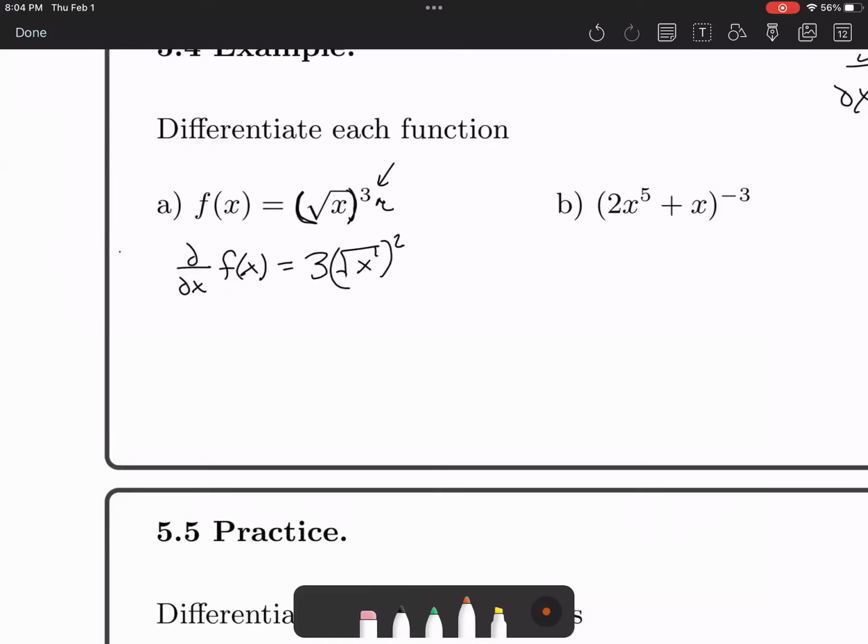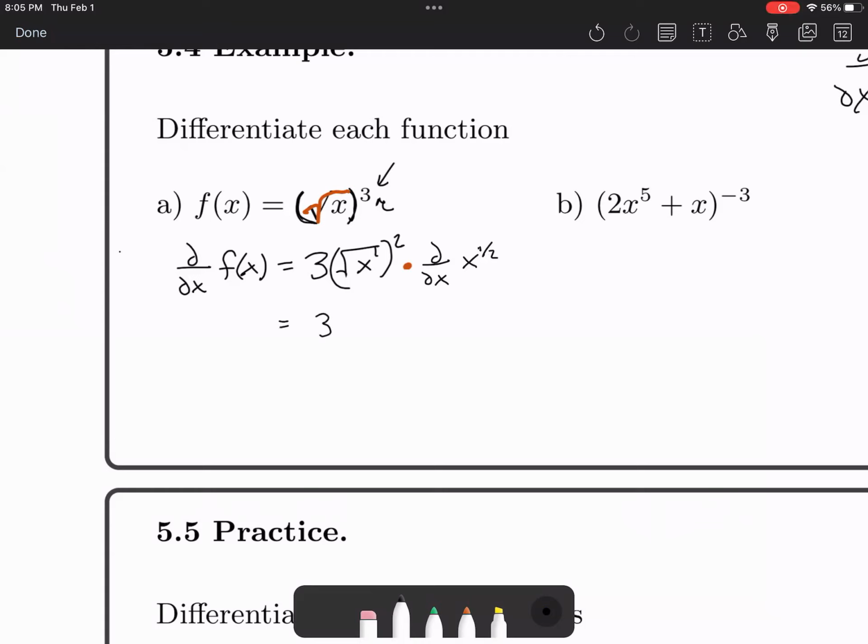But now we're not done, because we didn't differentiate it with respect to x. We differentiated it with respect to what's on the inside of the cubic function, square root of x. So now we need to differentiate the square root of x with respect to x. And if I'm not ready to do this at this stage, I'll just write down the derivative with respect to x of the square root of x.